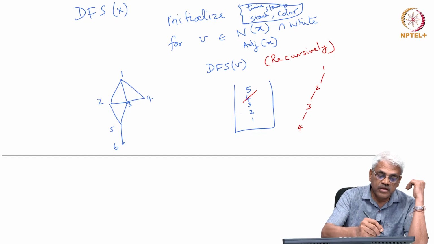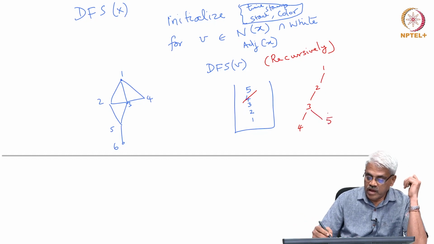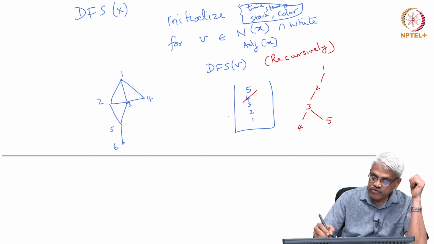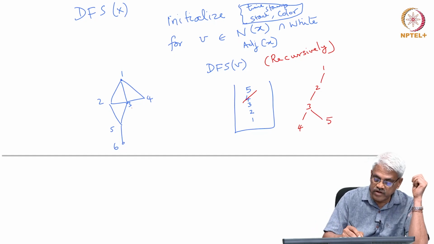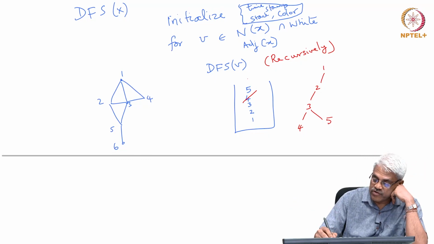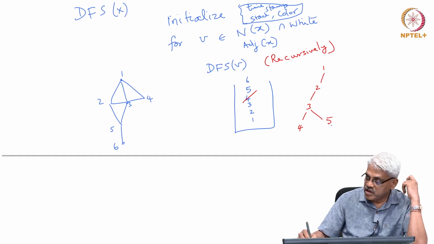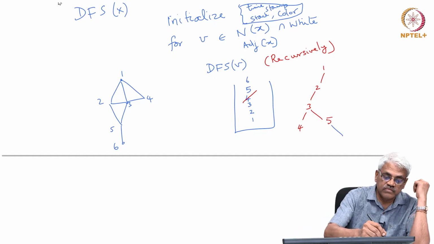So, in other words, I am exploring that 5. And then I explore 5's neighbor before I even finish 3. I do not know whether I finished 3 or not. So, I will explore 5's neighbor which is 6.